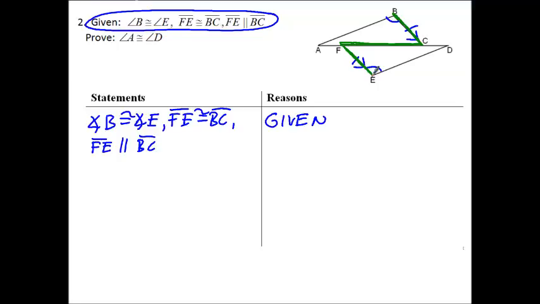And the one that's important for us to note here is that these two angles, angle BCA and angle EFD, are congruent because they are alternate interior angles. See that they're both on the inside of the parallel lines and on opposite sides of the transversal.